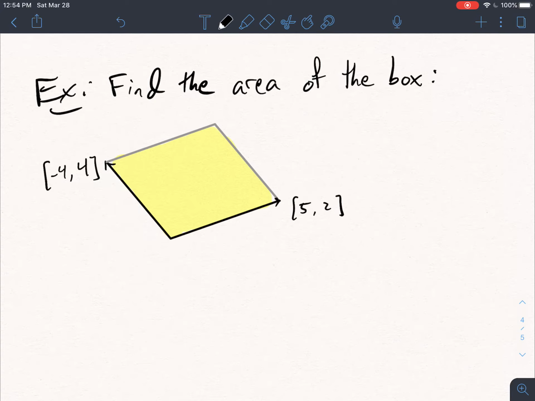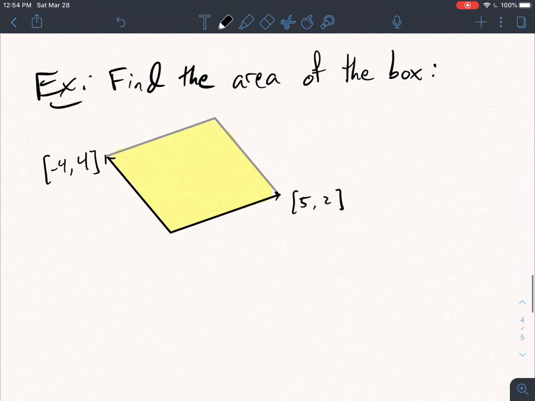Well, I guess you could figure out, based off of this vector, what the length of this vector is equal to. So once you figure out that length, then you could figure out the height of this parallelogram, so you have to draw a perpendicular line from one end of the parallelogram to the other end. But that seems pretty annoying and hard to do, right?